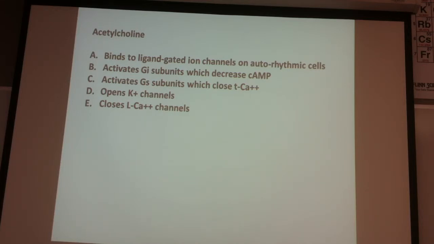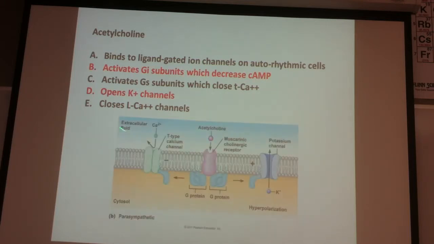It does bind to ionotropic receptors, but those are on postganglionic autonomic neurons. Does it affect G protein? Does it open the potassium channel through a G protein mechanism, or does it bind to a potassium channel and cause it to open directly? It does it through G protein.